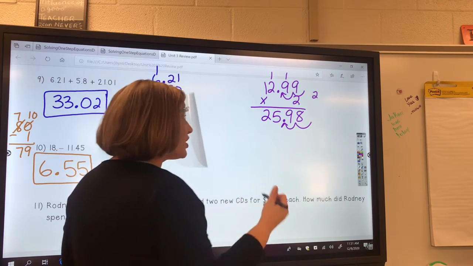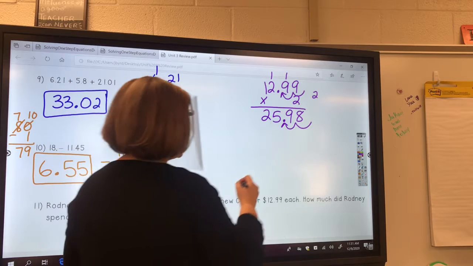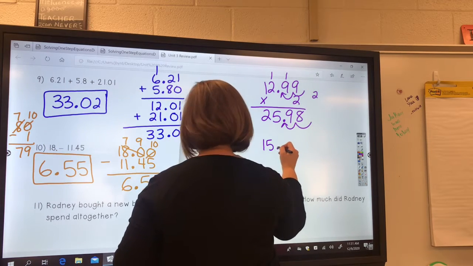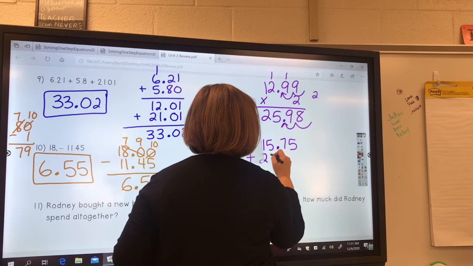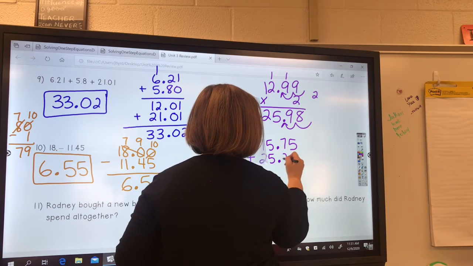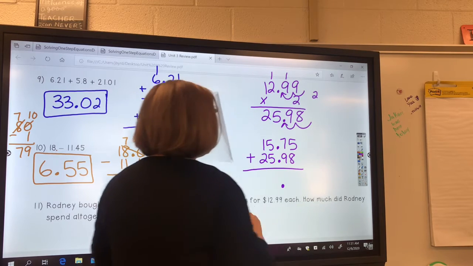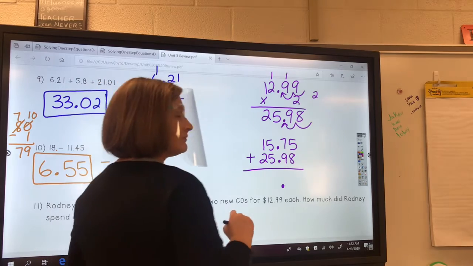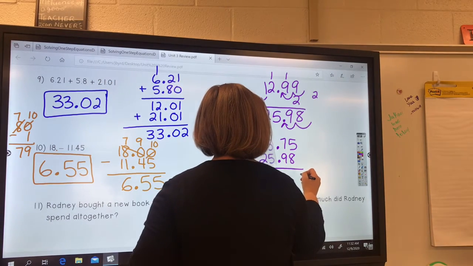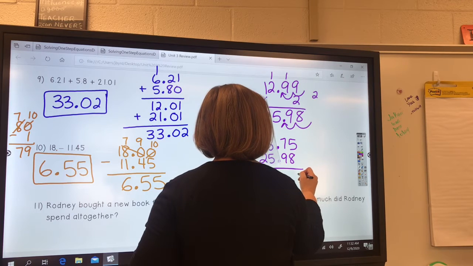But he also bought a what? A book. So we've got a book for $15.75, and our CDs were $25.98. Bring down my decimal. 5 plus 8 is 13.